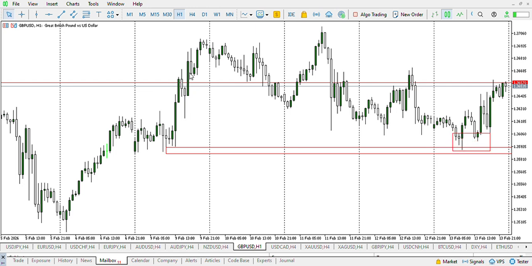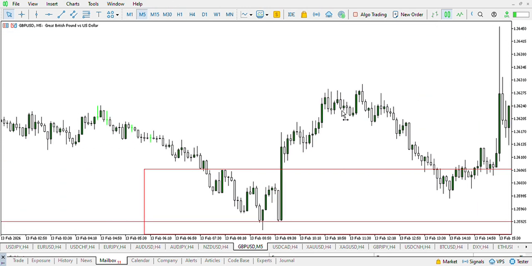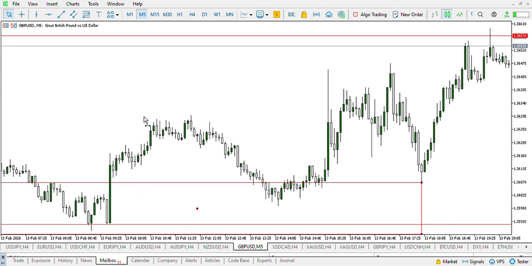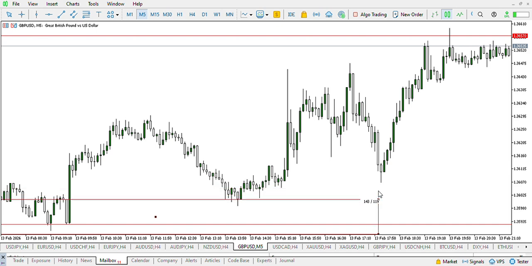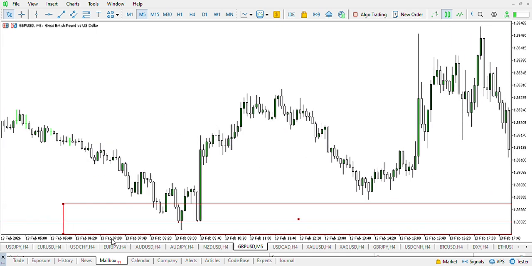And let us go to the 5 minutes to look at this to refine the pattern price gave on Friday. And if you come here on the 5 minutes, let us see how we could have gotten a sniper entry from this pattern. So here is the pattern here. We have this breaker block on the 1 hour.